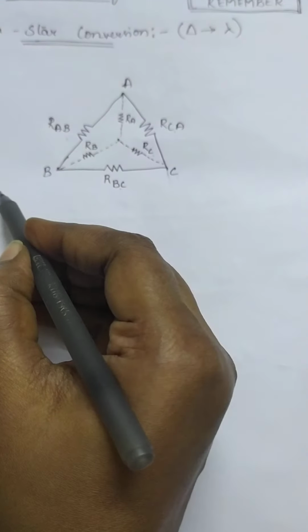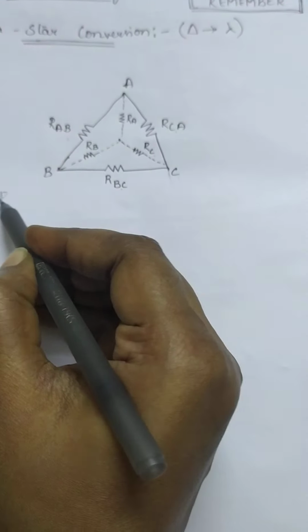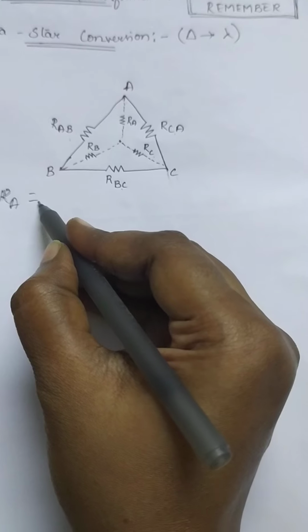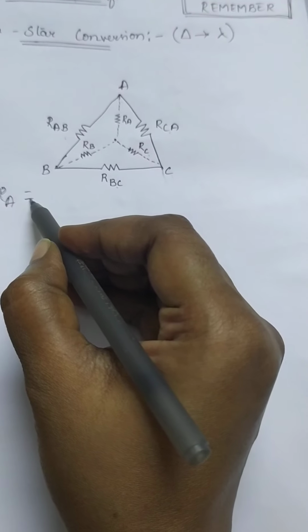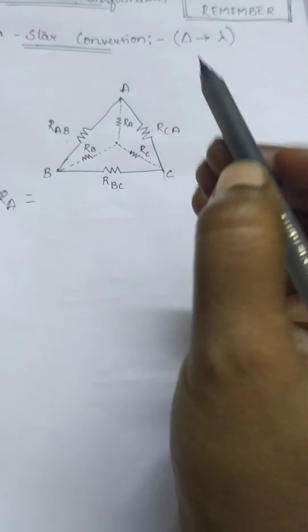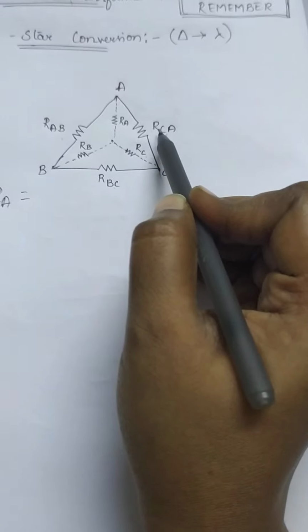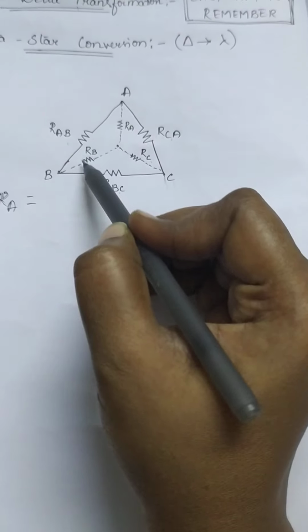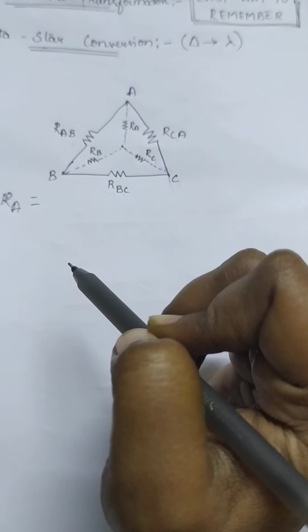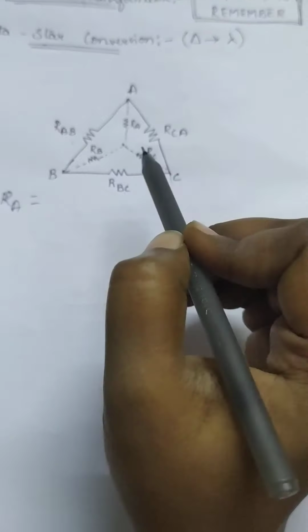If you want the value of RA, RA value is nothing but the product of the adjacent resistances of the delta connection divided by the sum of all the resistances of the delta connection. Once again I am going to repeat.